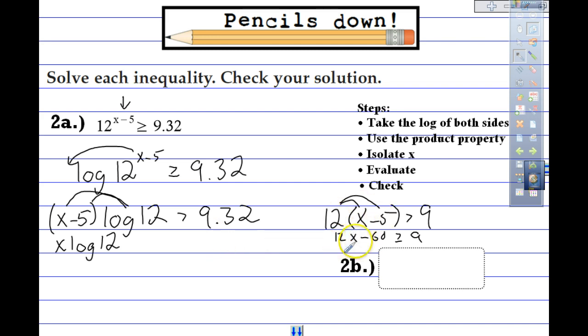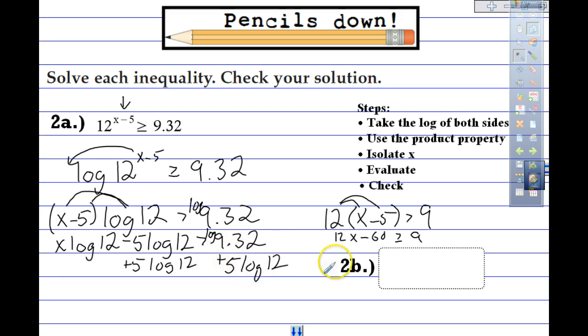Same idea, just distribute. Then we'd add 60 to both sides. Here we're going to add the number. Just add 5 log 12 to both sides. Oh, you know what? I totally forgot to put the log over here. Yeah, we did do the log of both sides. So add the 5 log of 12 to both sides.